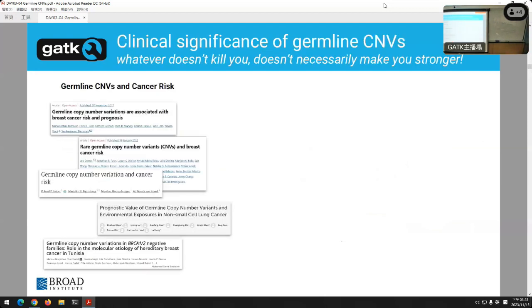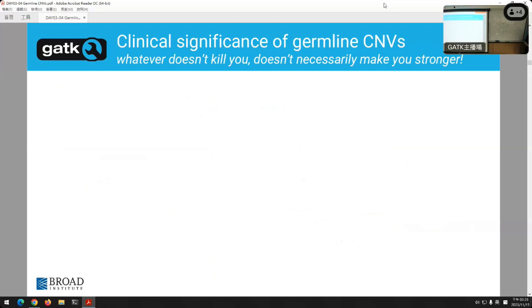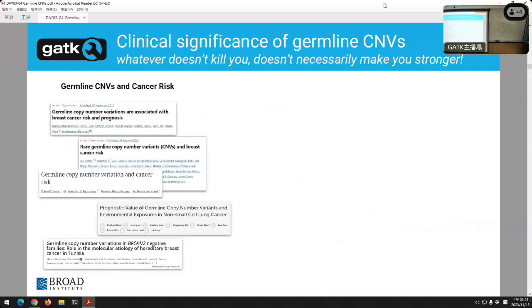Okay, so we obviously have talked about how somatic CNVs are drivers of tumors, but germline CNVs are also very clinically relevant. On the one hand, they can actually increase your baseline cancer risk and give rise to cancer later in life.